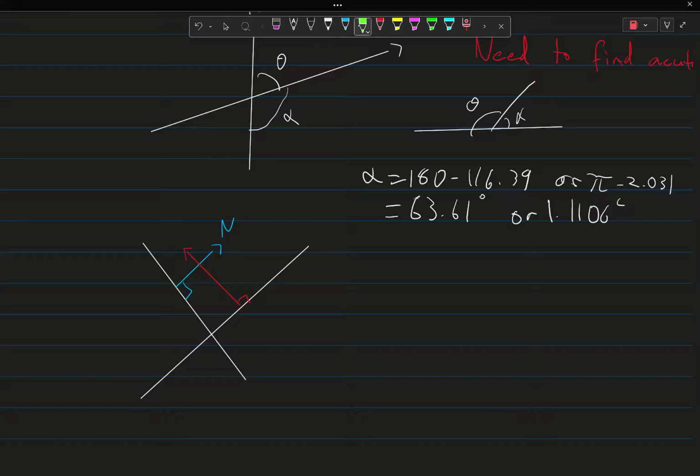The angle between those will be 90 minus the actual angle of the planes between each other, and we can work that out based on this.